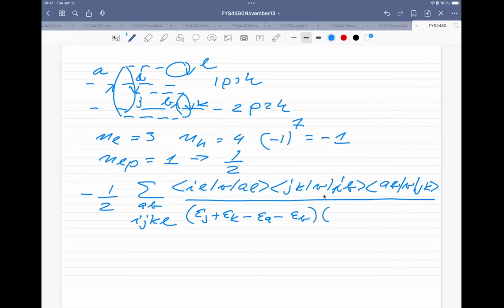And this is multiplied with the next one, which is simply an epsilon i minus an epsilon a. So in this way, we could then extract the contribution to total energy.